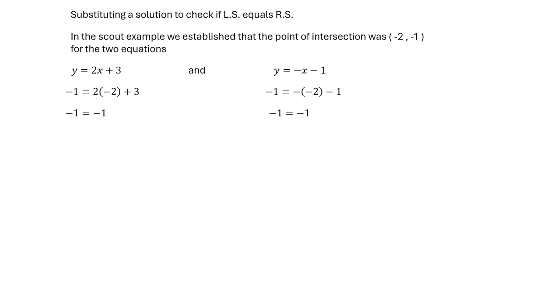As you can see, when this is done, we end up having a situation where the left side equals the right side. For y = 2x + 3, substituting those values (-2, -1) in shows us an end result of -1 equaling -1. And the same on the right side for the equation y = -x - 3.